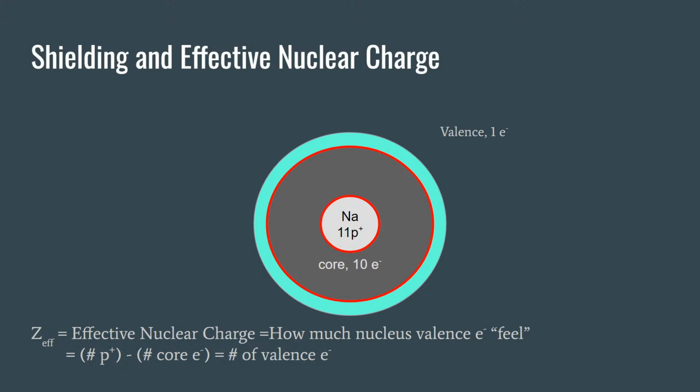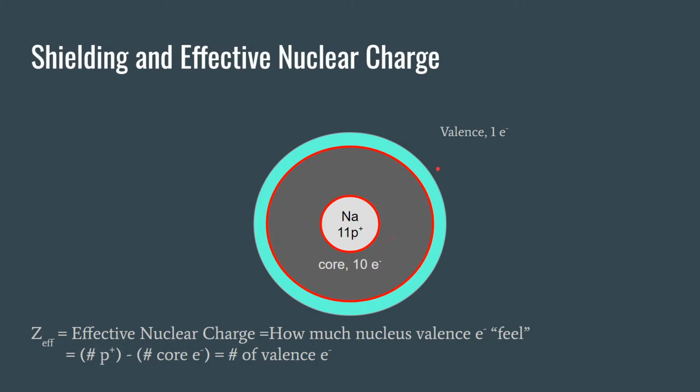How much of the nuclear pull makes it through the core electrons' shield. So it's just the number of protons minus the number of core electrons, which means it's equal to the number of valence electrons. So sodium has 11 protons, it has 10 core electrons, and it has 1 valence electron. 11 minus 10 equals 1.